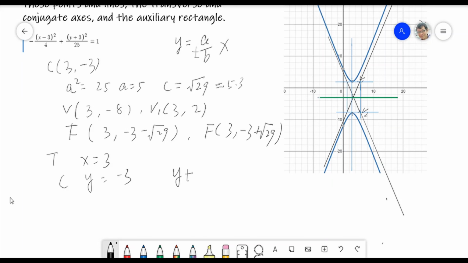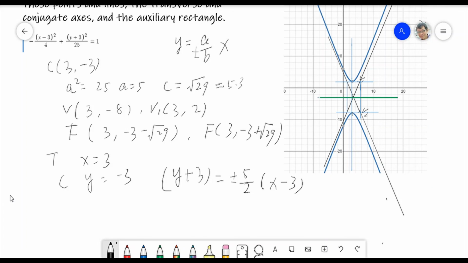So y plus 3 equals plus or minus a over b, a is 5 over b, b is 2, right? And then what's next? x minus h. H is 3. So it's that.